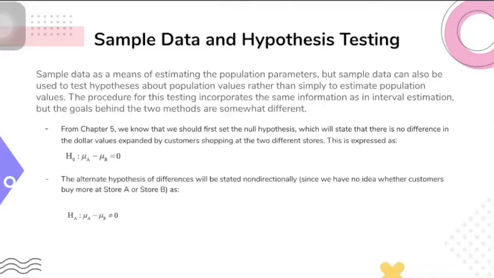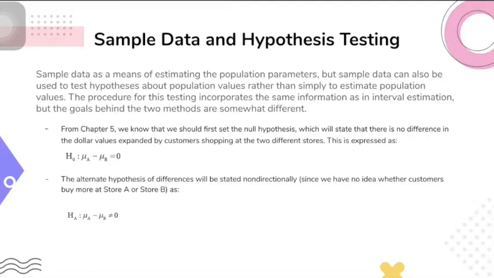So far, we have discussed sample data as a means of estimating the population parameters, but sample data can also be used to test hypotheses about population values rather than simply to estimate population values. The procedure for this testing incorporates the same information as an interval estimation, but the goals behind the two methods are somewhat different.